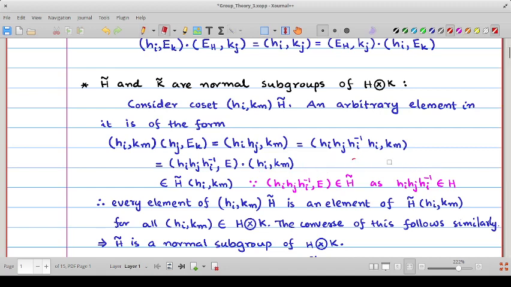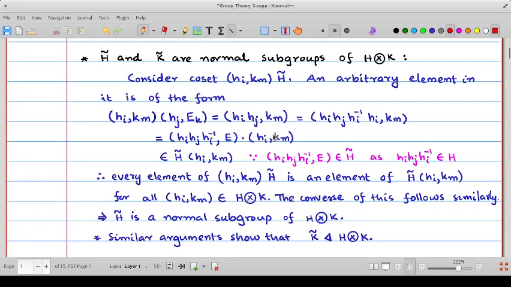So we see that any element given by this Hi comma Km dot Hj comma Ek of the group H tilde is an element of the right coset of the group. And this is true for any element of this left coset.